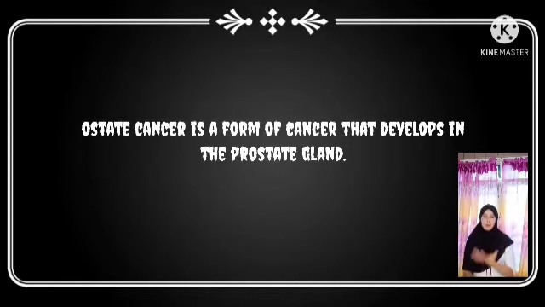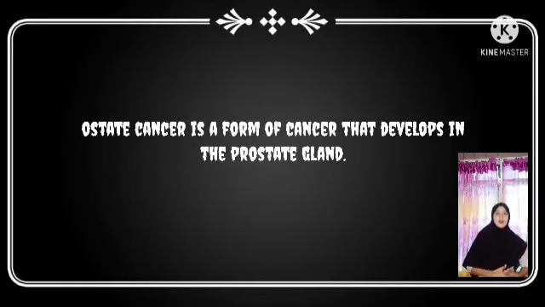This one is a malignant growth, prostate cancer, so this is a threat to life. This prostate cancer can spread to nearby organs such as the bladder and the urethra, and can spread to other parts of the body.